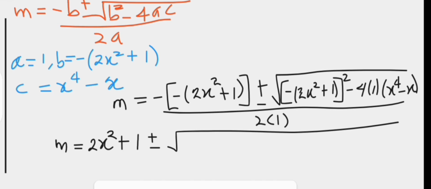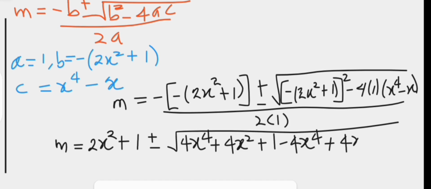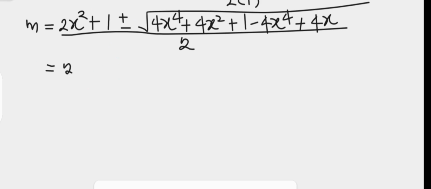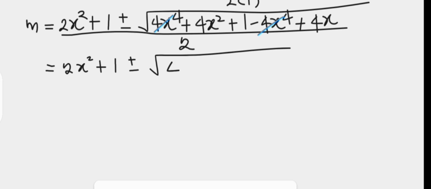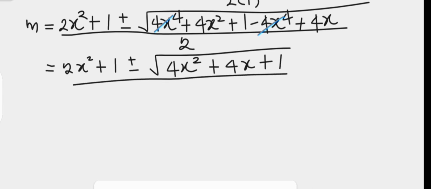Then opening up the bracket by using the square is going to give us 4x raised to power 4 plus 4x squared plus 1 minus 4x raised to power 4 plus 4x, and that divided by the product of 2 and 1, which is 2. m is going to be 2x squared plus 1 plus or minus, in the square root, 4x raised to power 4, we take out 4x raised to power 4, the negative 1, leaving us with 4x squared plus 4x plus 1 all over 2.